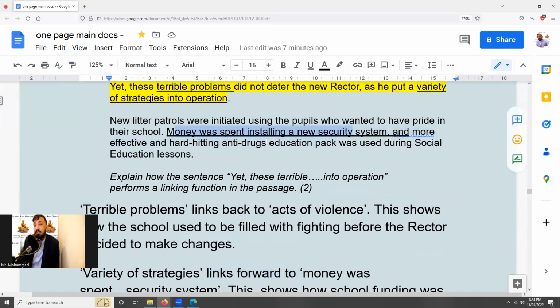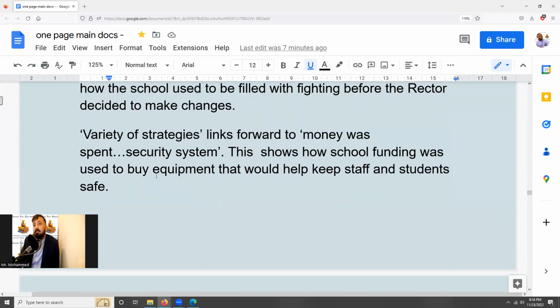I could have picked other things, but this is easy to understand. So "variety of strategies" links forward to "money was spent...". So I just quote what's said, and I just used a little ellipsis to cut out some of the quote. So "money was spent", and then "installing a security system". It just means you're not writing the full quote, but it's okay as long as you've got most of the quote there.